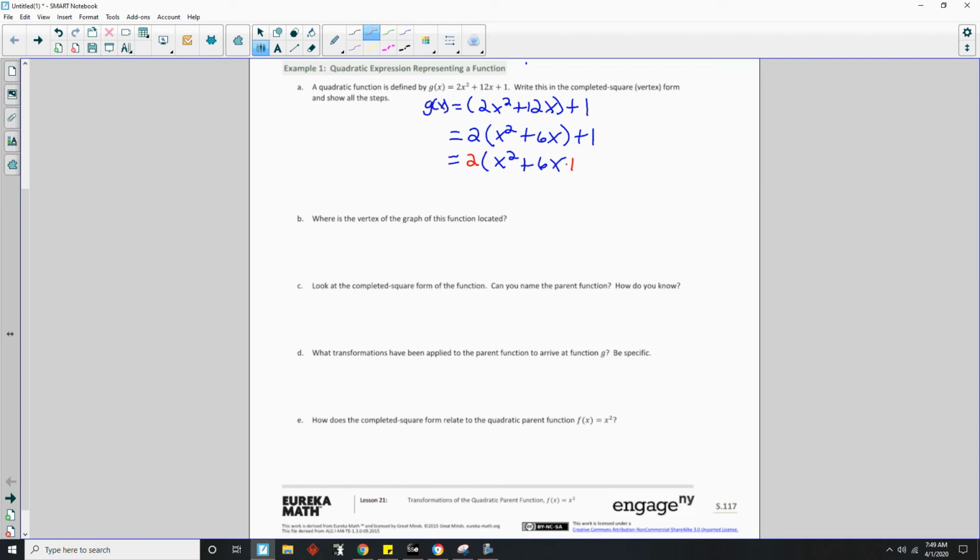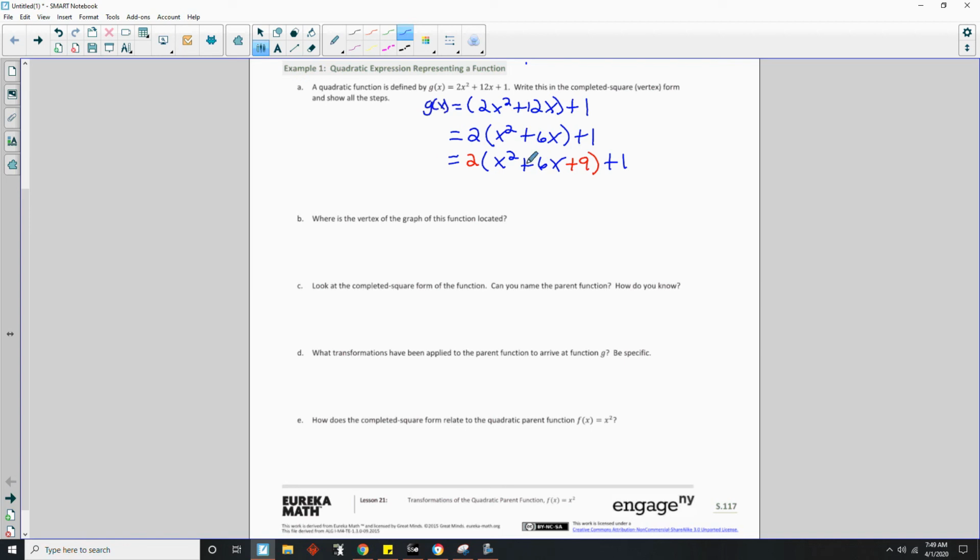Well, 3 squared is 9, so that's going to be plus 9 over here. Okay, so this is what I have now. But I can't just add 18 to this right side and not add anything to this left side. It would no longer be equal.